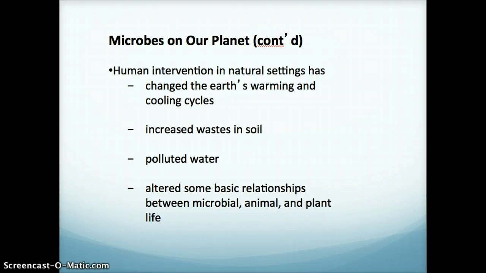So humans have intervened in many of the natural settings. For example, the changing of the Earth's warming and cooling cycles. Also, we have put increased waste into soil and pollution into water. And this will, of course, have altered the basic relationships, most of them, between microbial, animal, and plant life.